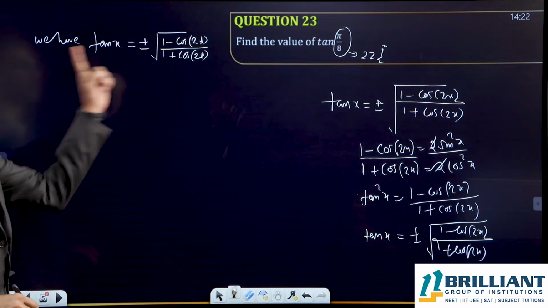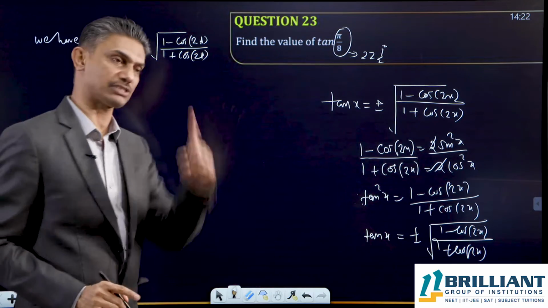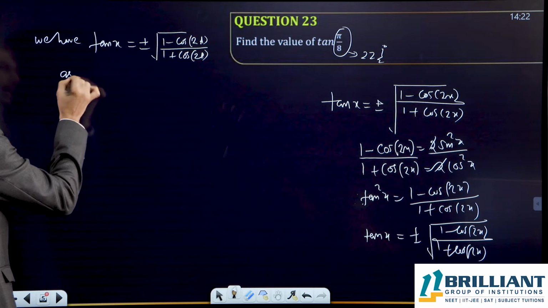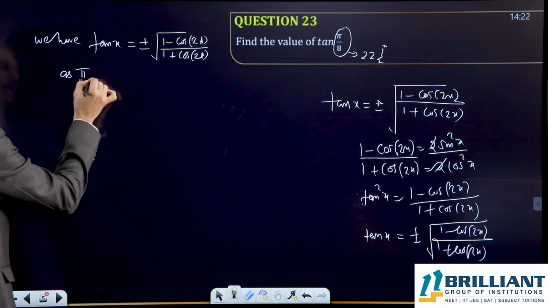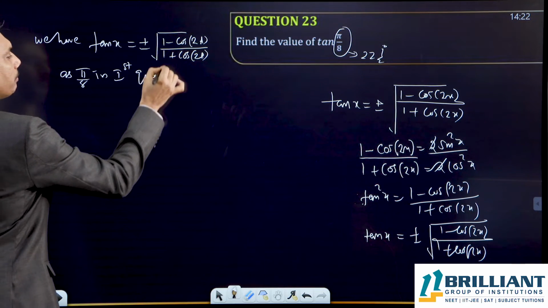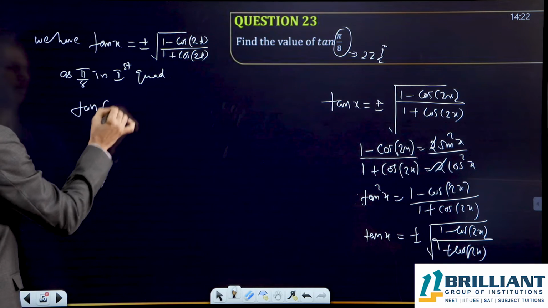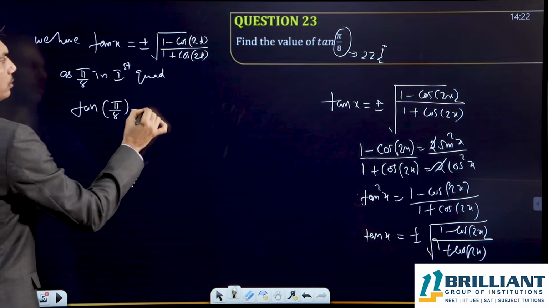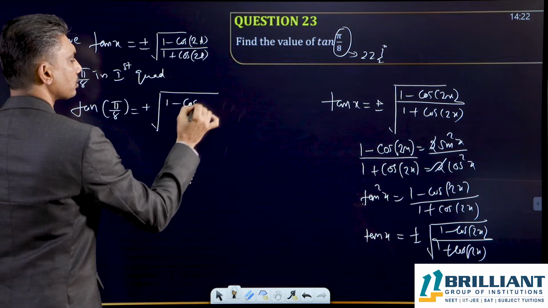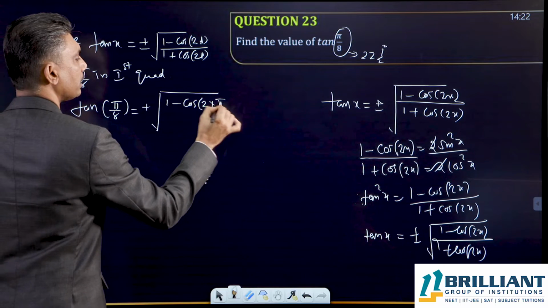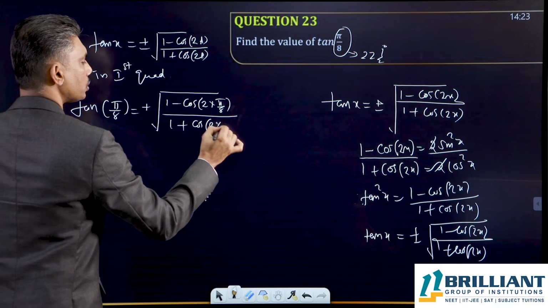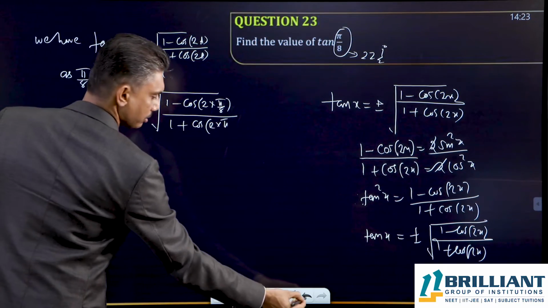Now, any one of the values. So, pi by 8 is an angle in the first quadrant. So, I will be taking, therefore, pi by 8 in first quadrant, tan pi by 8 equal to plus root of 1 minus cos 2 into pi by 8 by 1 plus cos 2 into pi by 8.